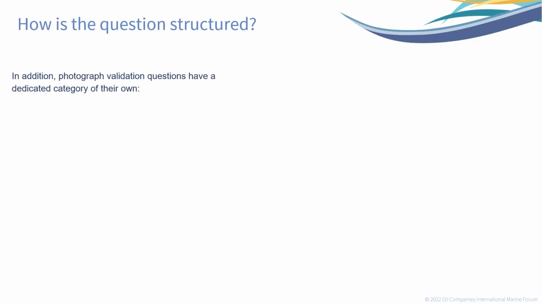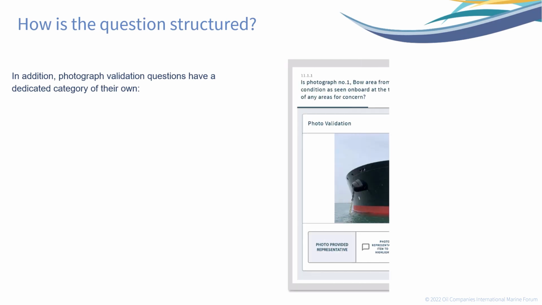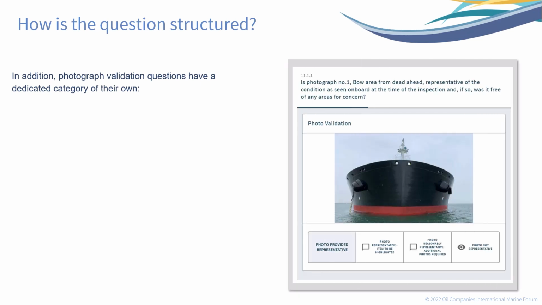Continuing with the structure of the questions, let's look at what a photograph comparison response tool actually is. Where a top-level question refers to one of the standard photographs provided by the vessel operator prior to the inspection, a photograph comparison tool is assigned.